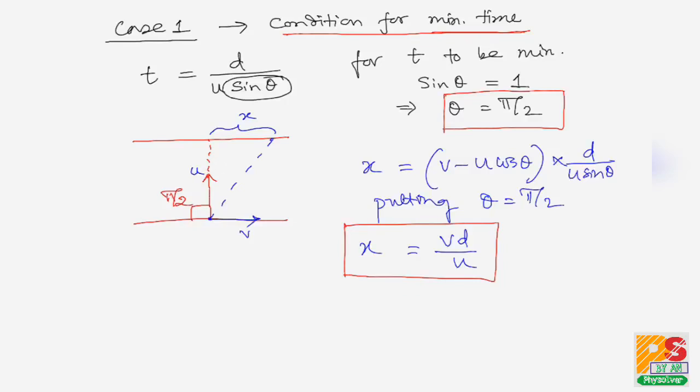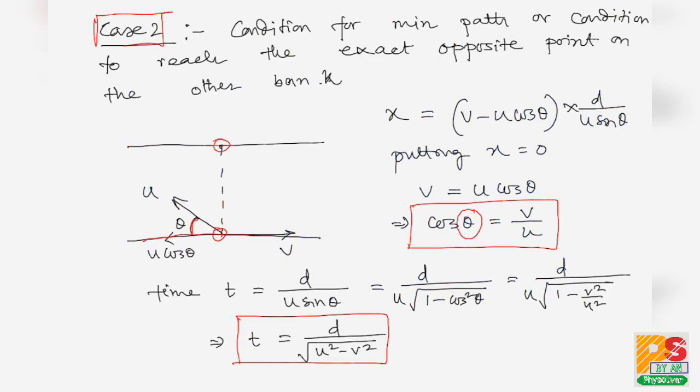Case 1, condition for minimum time: you have to steer your boat perpendicular to the bank, and then displacement along x-axis will be Vd by U. And in case 2, we have discussed the condition for minimum path, or the condition to reach the exact opposite point. In that case, you have to steer at a particular angle theta, and cos theta will be v by u then, and time required will be d by root over u square minus v square. Thank you for watching this.